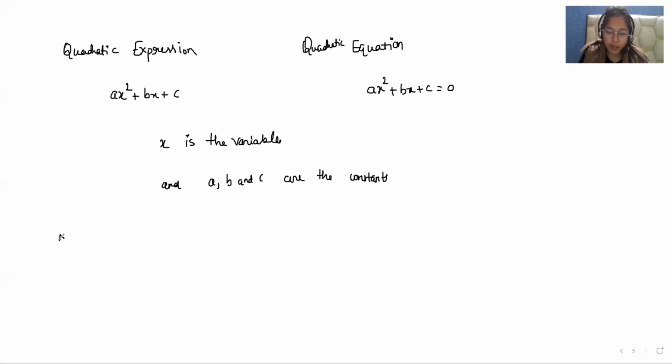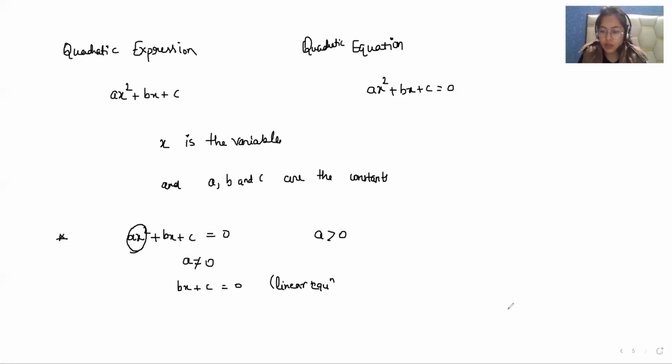And one more important thing is that in this expression, a can never be equal to 0 if you have to consider it in the form of quadratic equation. If a equals 0, then the whole term becomes 0, right? So this comes in the category of bx plus c. Now it's a linear equation. So a can never be 0.